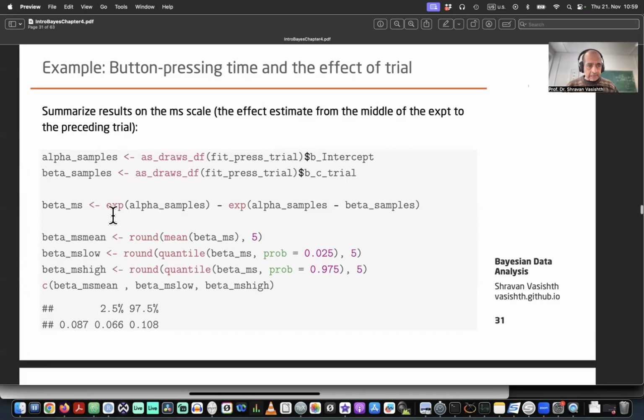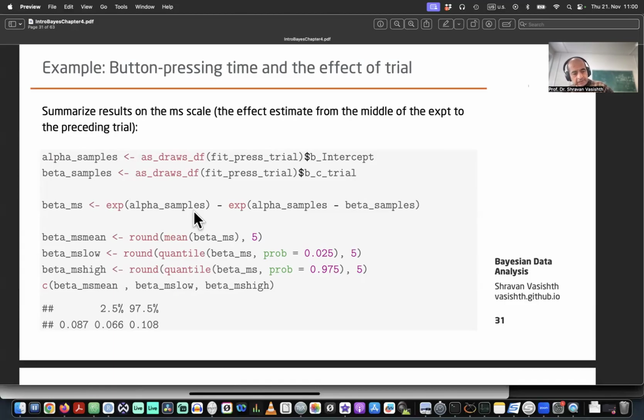So what I'm doing here is this term here, this exponent of the alpha samples, is computing the median button tapping times when you're at the average value of the trials. Whatever the average is for the trial ID, the expected median button pressing time is this posterior distribution on the millisecond scale.